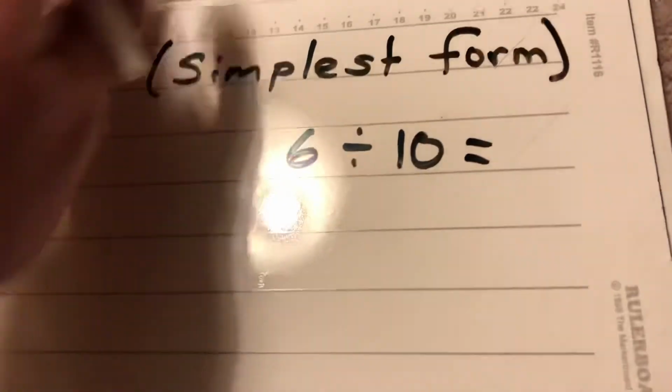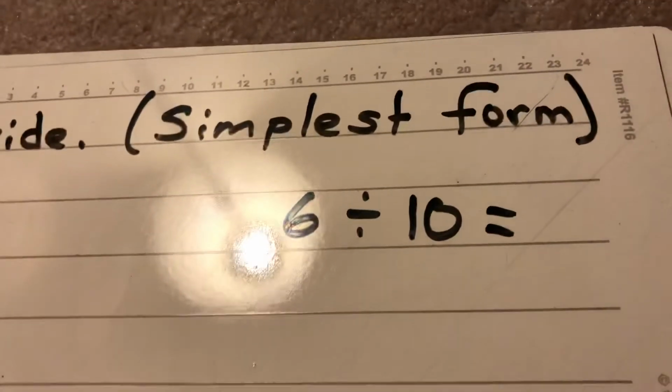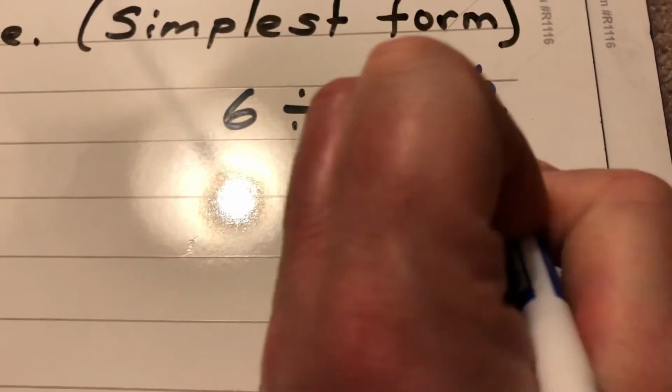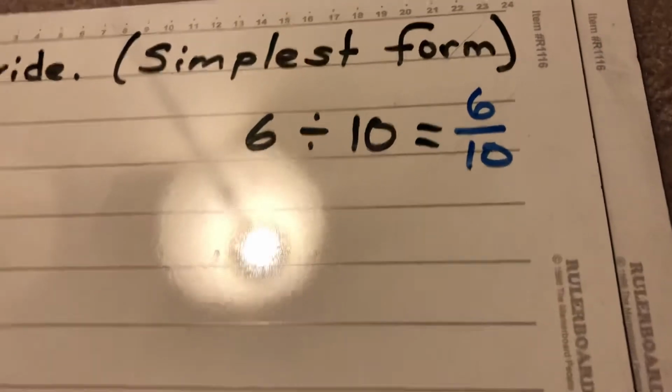Our last example for this video will be this one, 6 divided by 10, which I would simply write as a fraction, 6 over 10. But then I want to make sure it's in simplest form.